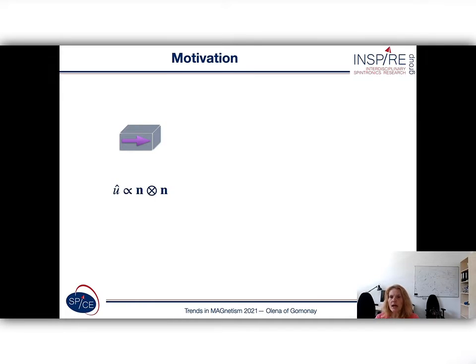These strains are directly coupled with orientation of the magnetic vector, in case of antiferromagnets the Néel vector, and these strains can modify magnetic anisotropy and also couple the magnetic system with the external stresses, thus allowing switching by stress or strains.